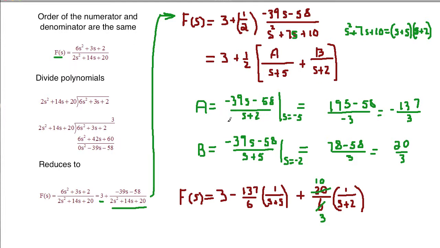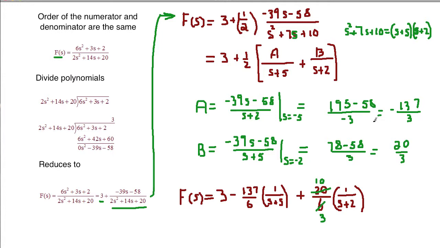Then I evaluate the expression at s equal negative 5. When I put in s equal negative 5 here, I get 195 minus 58 divided by negative 5 plus 2, which is negative 3. That simplifies to negative 137 over 3.